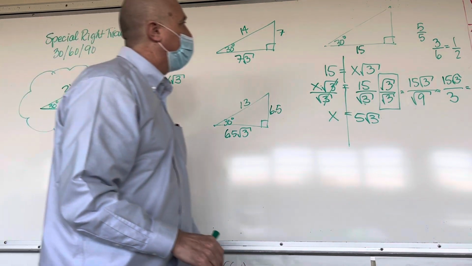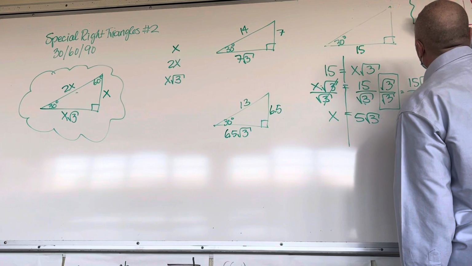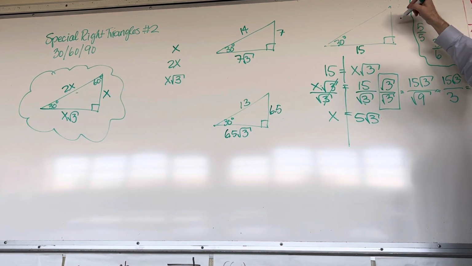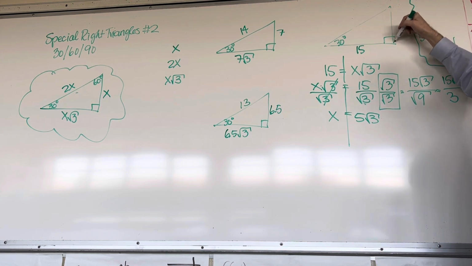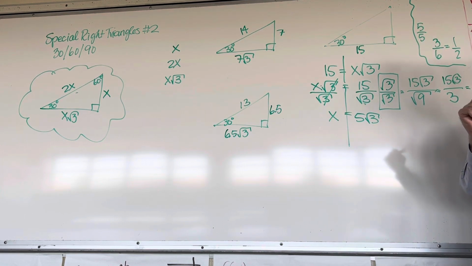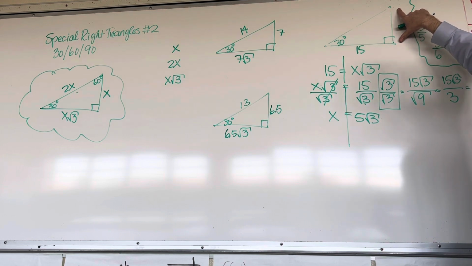And so now, how long, and I wish I had moved this a little bit further away there. How long is this side of the triangle now? 5. Marisol, how long is this side of the triangle? Tiffany, how long is this side of the triangle?